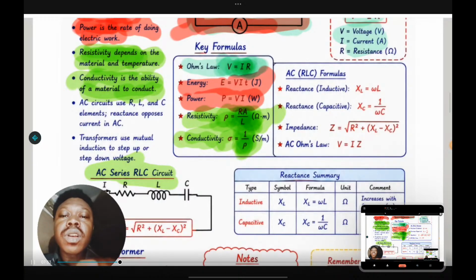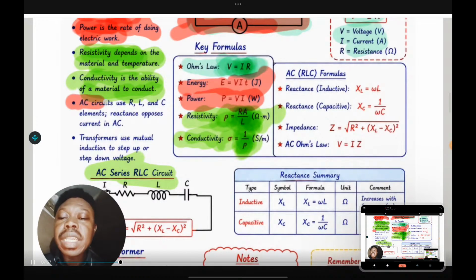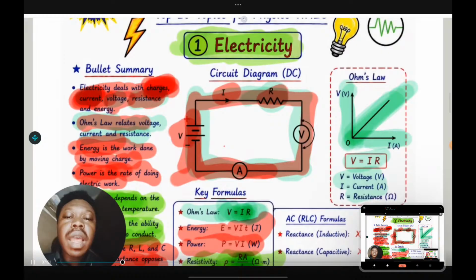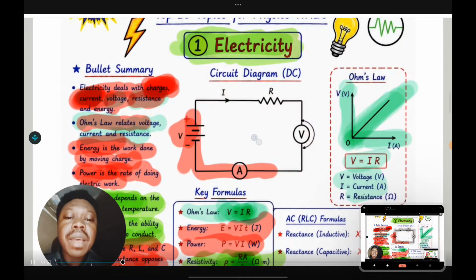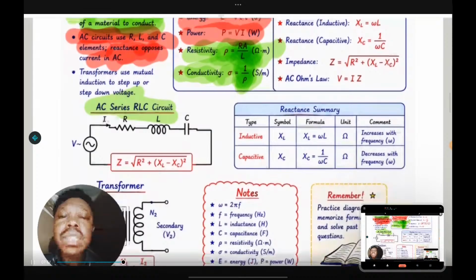Now, we move to, also, I group this topic together. This is meant to be in SS3. AC circuit using RLC elements, which gives us reactance and current in this circuit. Now, just like we have resistance here, for RLC circuit, the whole of this represent resistance.